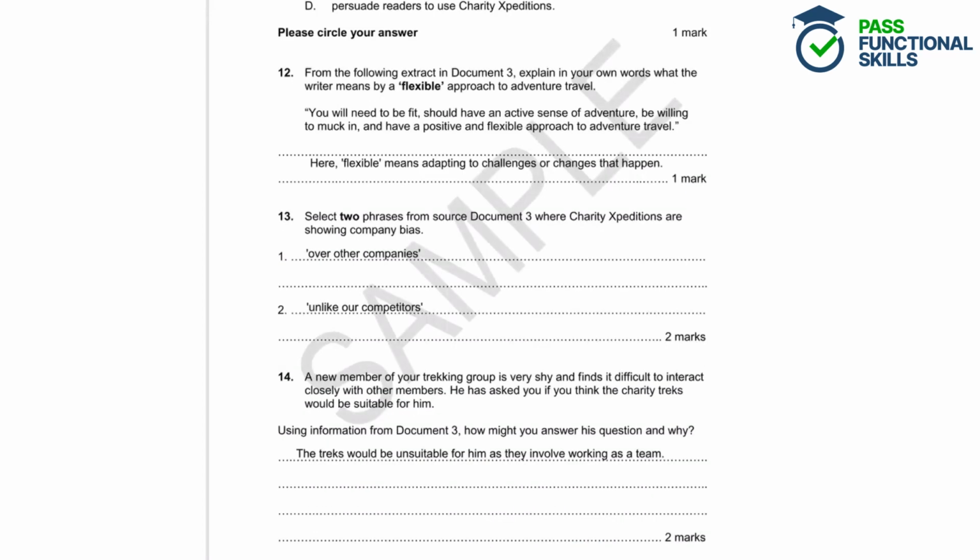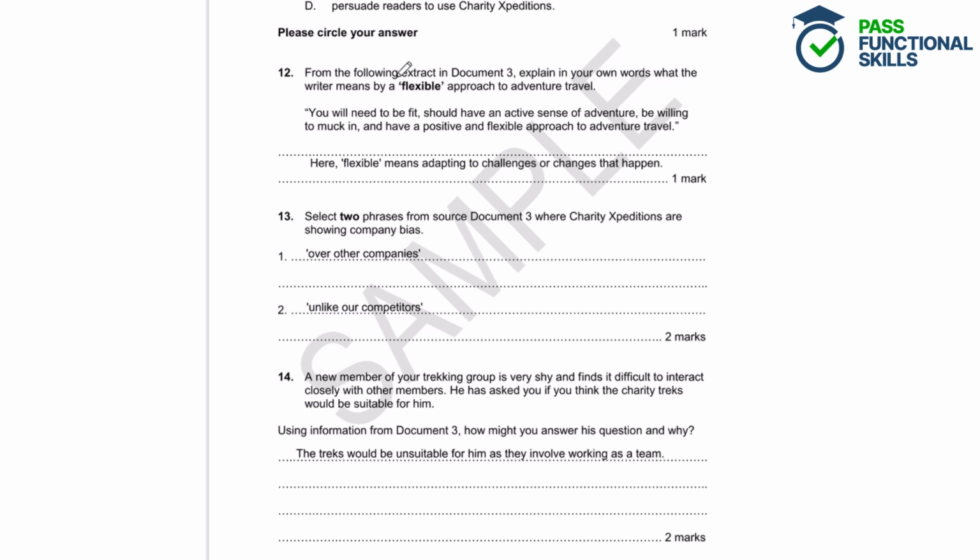Question 12. From the following extract in document 3, explain in your own words what the writer means by a flexible approach to adventure travel. And the extract is, you will need to be fit, should have an active sense of adventure, be willing to muck in, and have a positive and flexible approach to adventure travel.